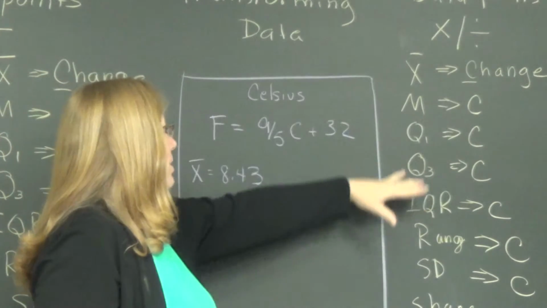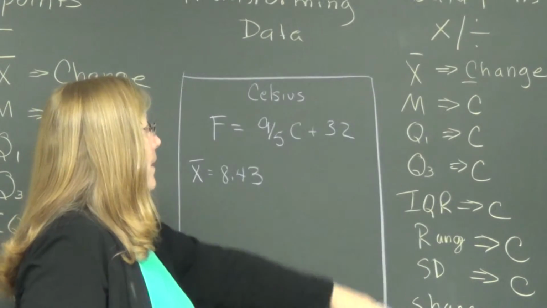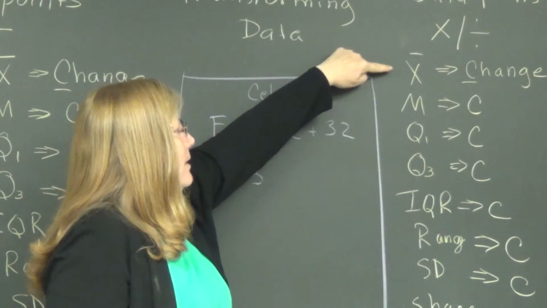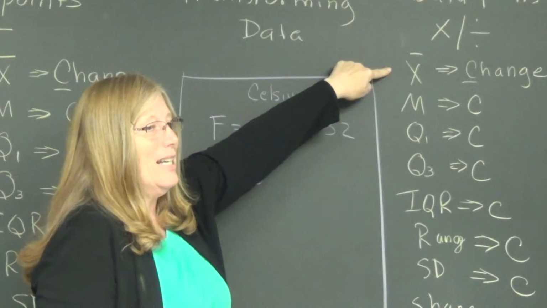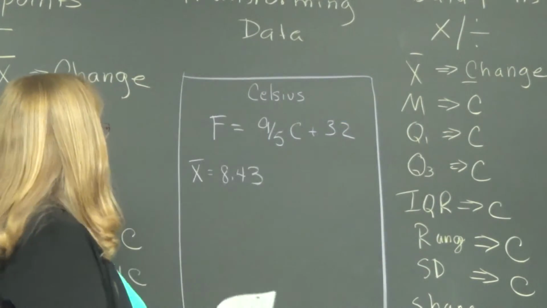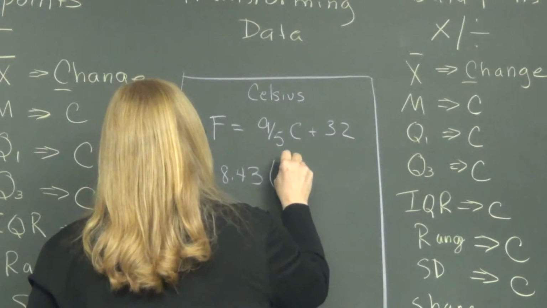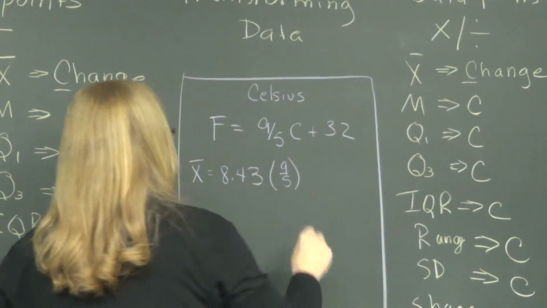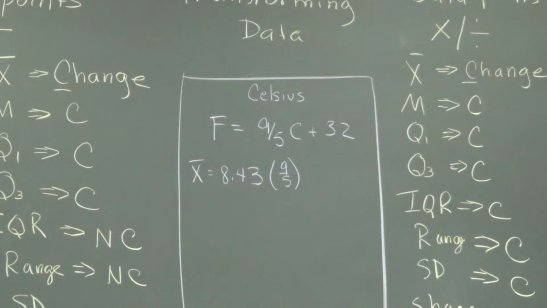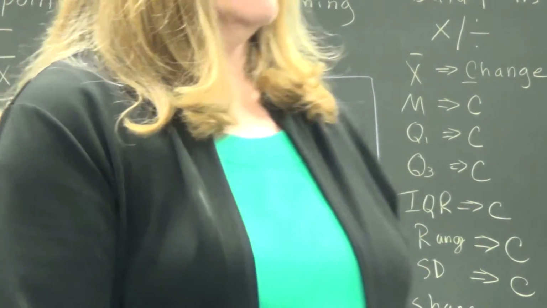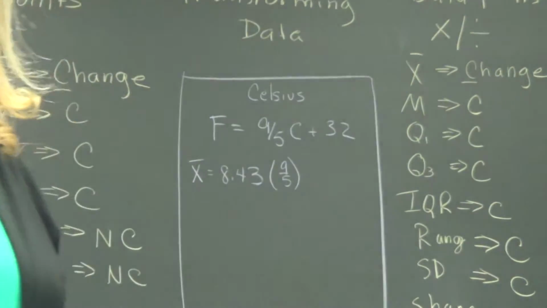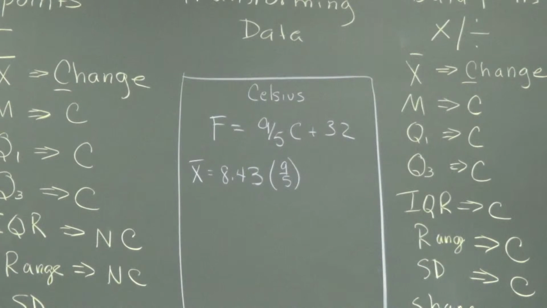Is the mean affected by multiplication? Yeah. All right, so we're going to take it and multiply by 9/5. Everybody get your calculator out. If it wasn't changed by multiplication, would you not multiply it? You'll get the gist of it as we continue.